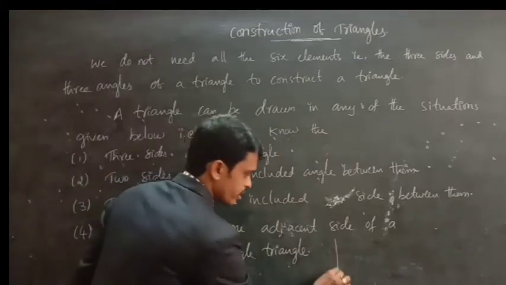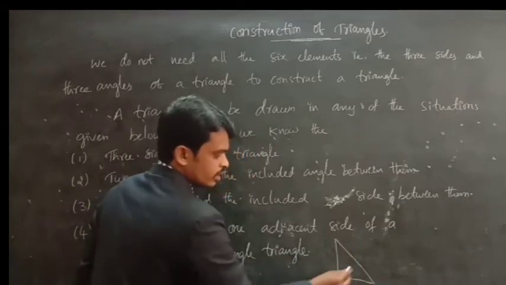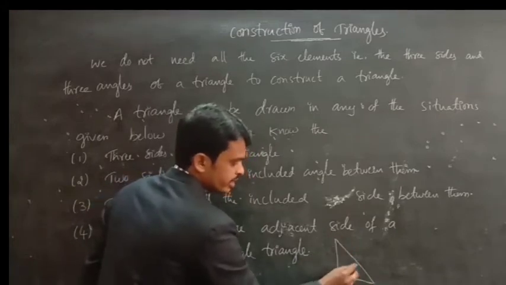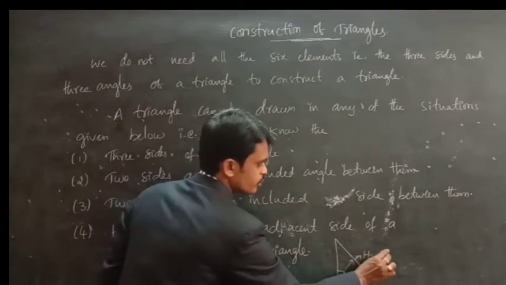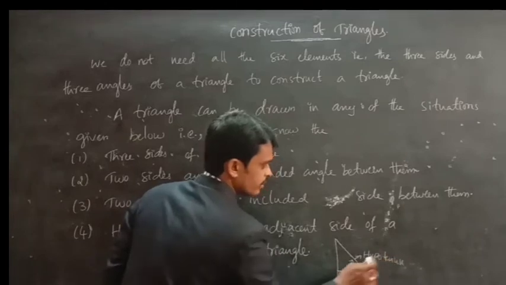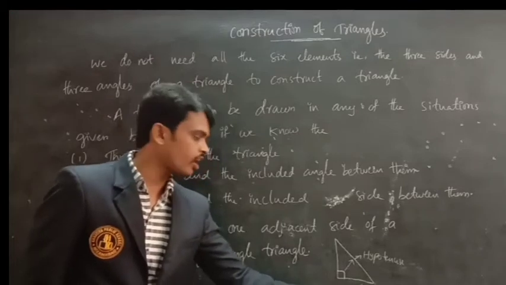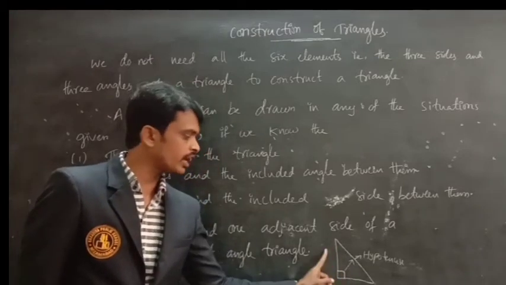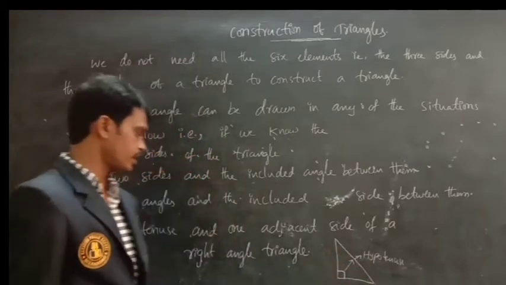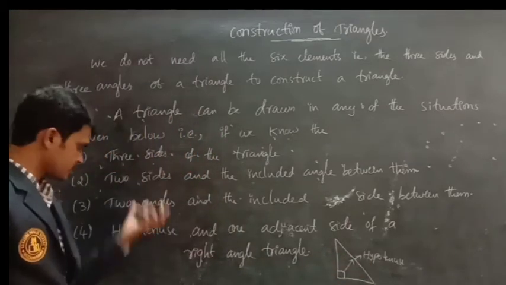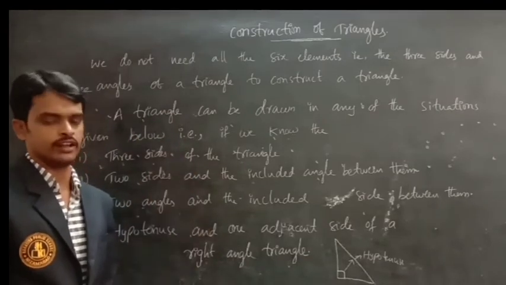In a right angle triangle, the side opposite to the right angle is called the hypotenuse. These 2 are the adjacent sides for the hypotenuse. If they give these situations, we can construct a triangle.